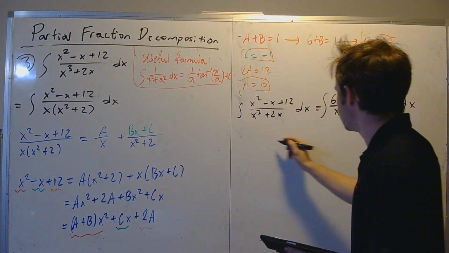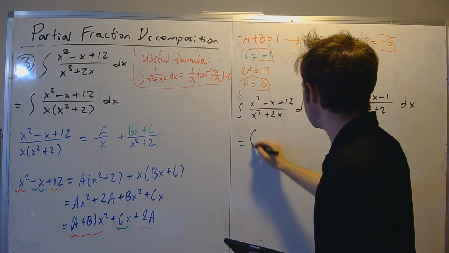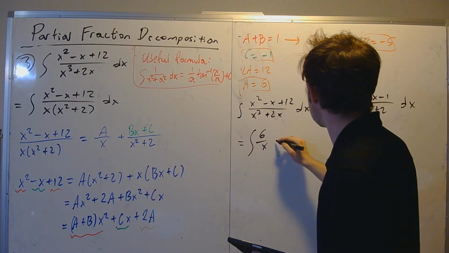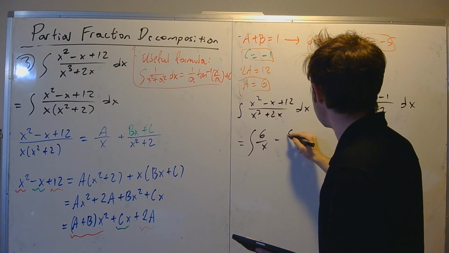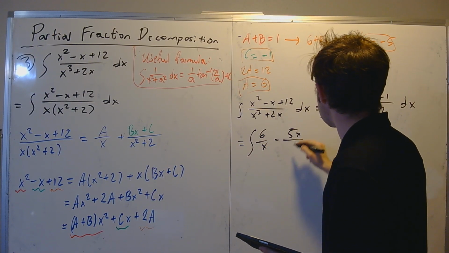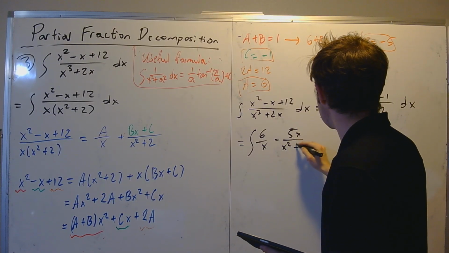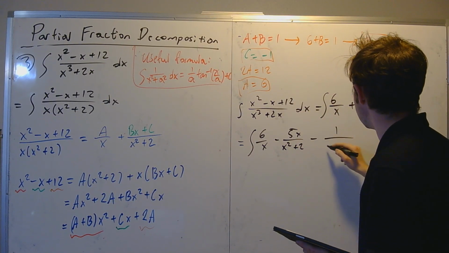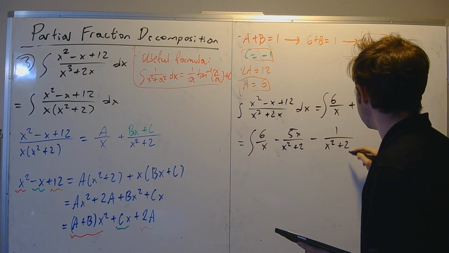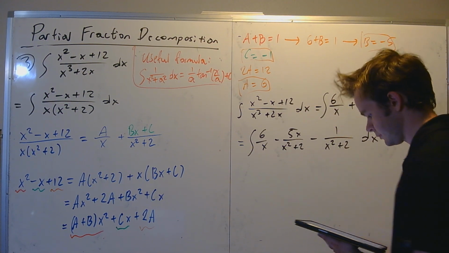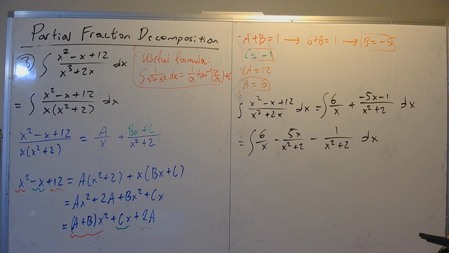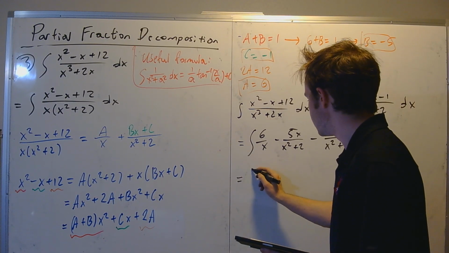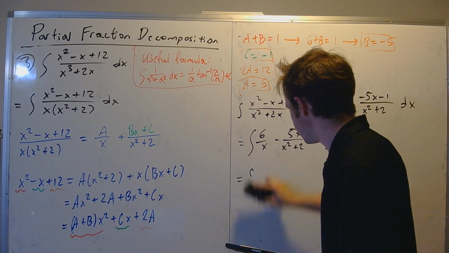So if we do that, then we're going to get the integral of 6 over x minus 5x over x squared plus 2 minus 1 over x squared plus 2 dx. Okay, so now you can break this up as 3 fractions. So you got, let me just write this.